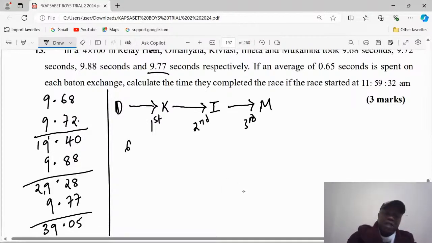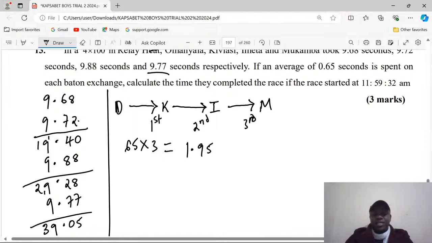So 65 centiseconds should be multiplied by 3. That's 195 centiseconds, which means there is 1 second 95 centiseconds.